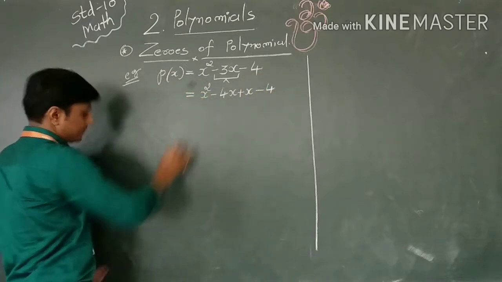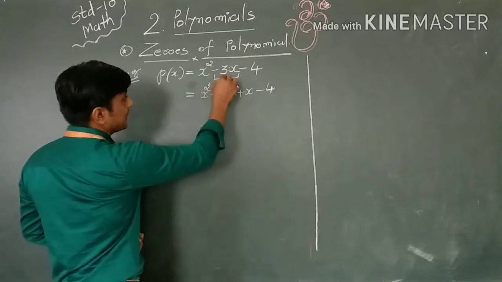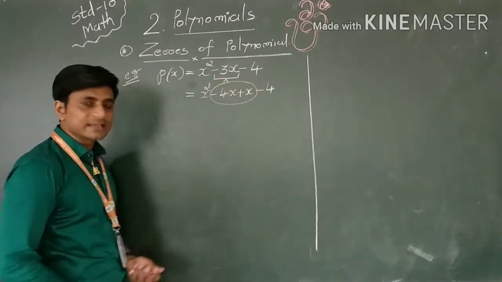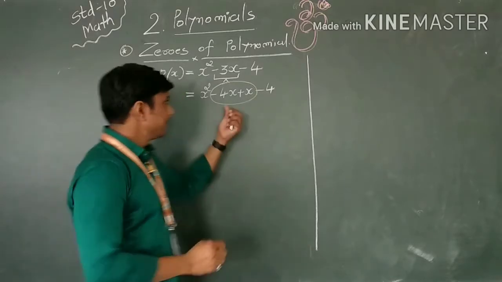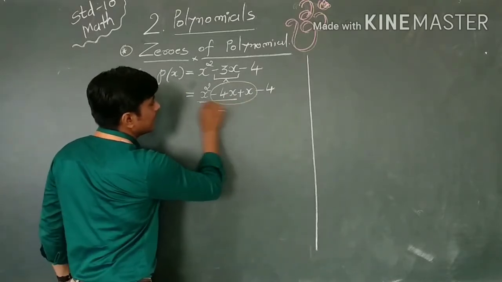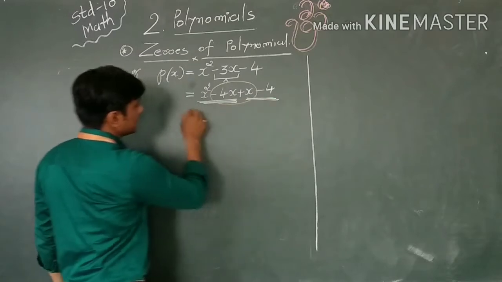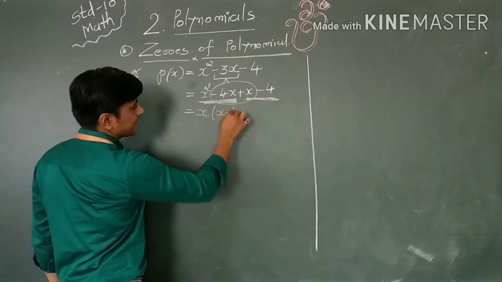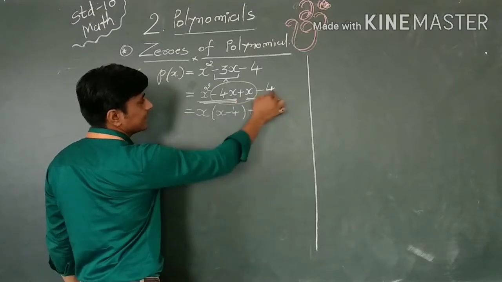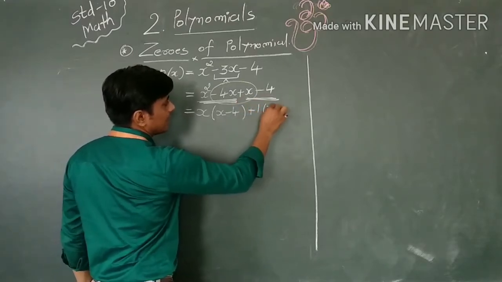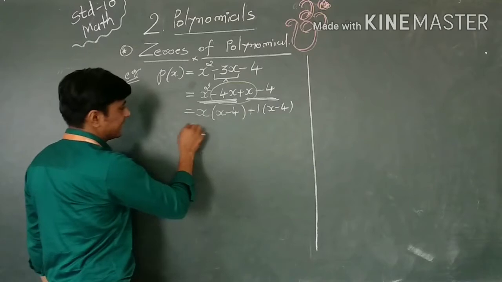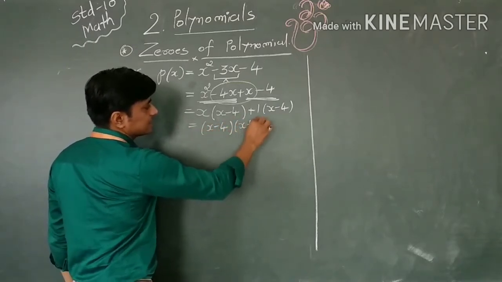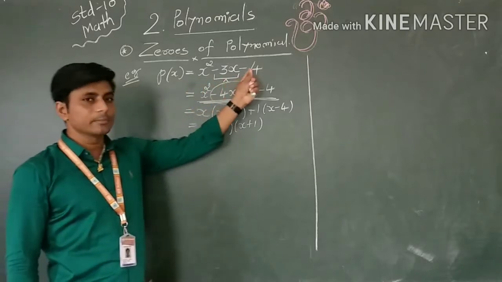We split the middle term into two terms, minus 4x plus x. Now make groups and take common factors. Here we take x common, we have x minus 4. Similarly here we take 1, again x minus 4. That means x minus 4 and x plus 1 are factors of this polynomial.